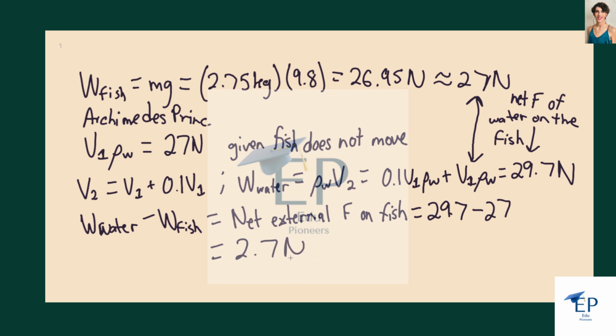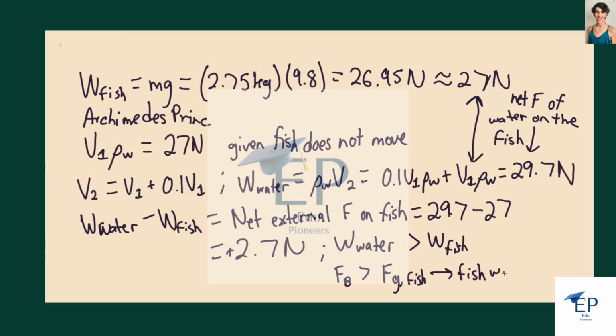Now, because this is a positive number and the weight of the water is greater than the weight of the fish, this means that the buoyant force of the water is going to be greater than the force of gravity on the fish. This means that the fish will float.